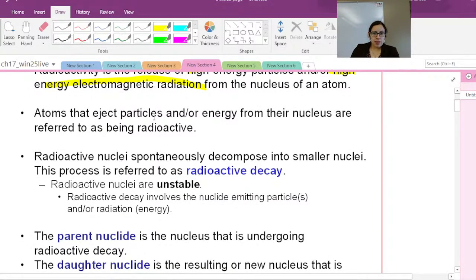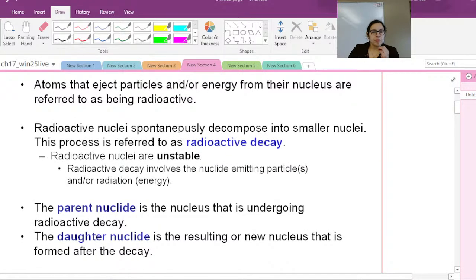Anything that ejects particles or energy is referred to as being radioactive. Radioactive nuclei spontaneously decompose into smaller nuclei, and that's known as radioactive decay. Obviously, radioactive nuclei are unstable.